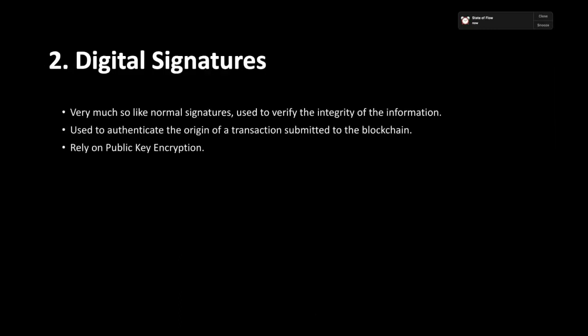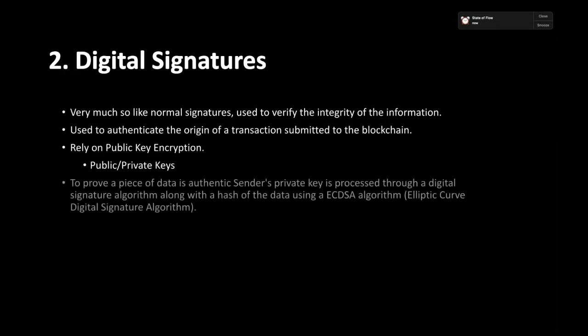So digital signatures are very much like normal signatures. They're used to verify the integrity of information, and also to authenticate the origin of a transaction submitted to the blockchain. This process relies on public key encryption, or asymmetric encryption.